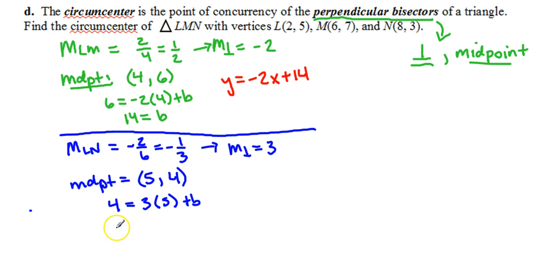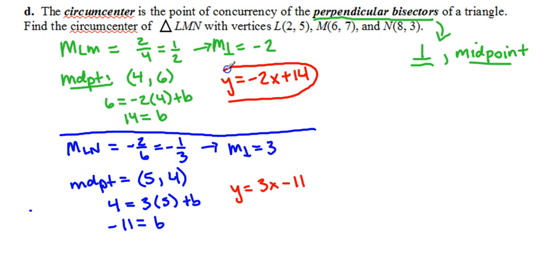That's 15, and 4 minus 15 is going to give me a negative 11 for my y-intercept, and my equation for that particular perpendicular bisector is going to be y equals the perpendicular slope to LN, which is 3, times x minus 11. Alright, so I've got my two equations right here.